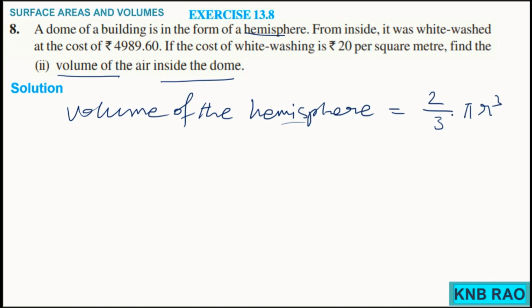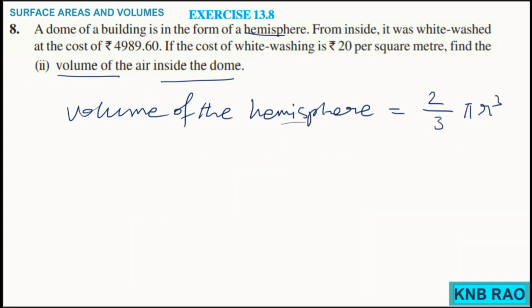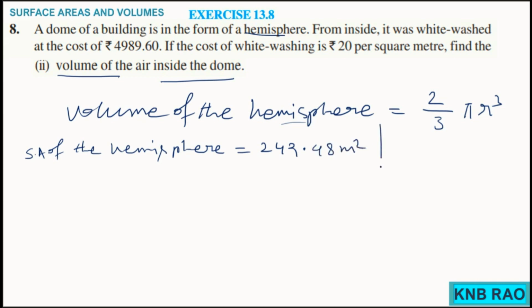How can I get r? I know only the surface area from the previous question. Surface area of the dome, that means the hemisphere, which is 249.48 meter square, is to be used.